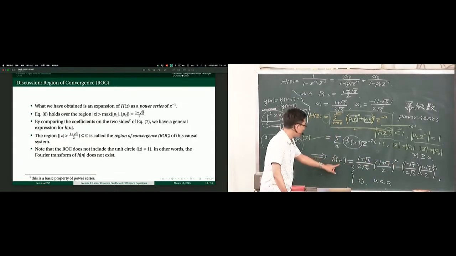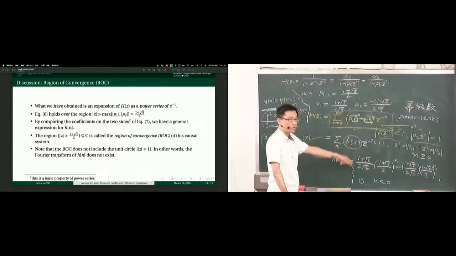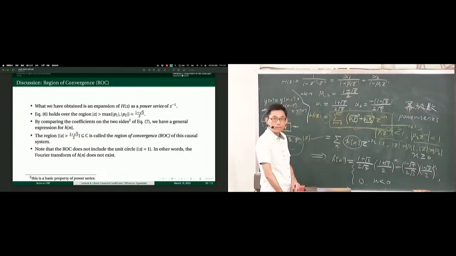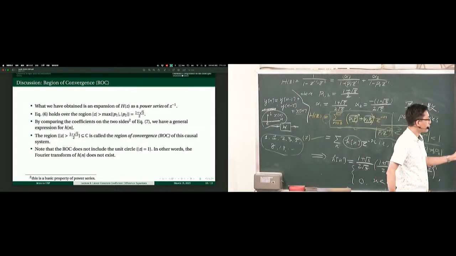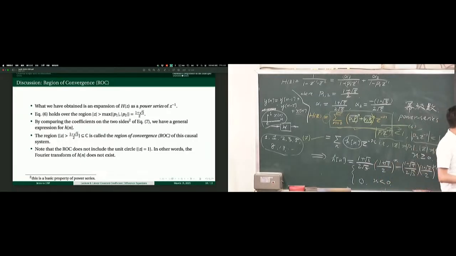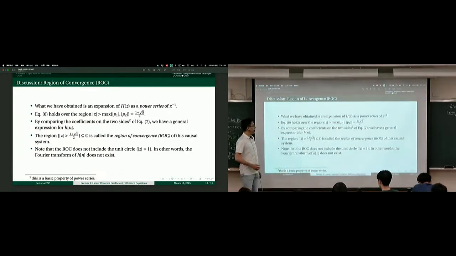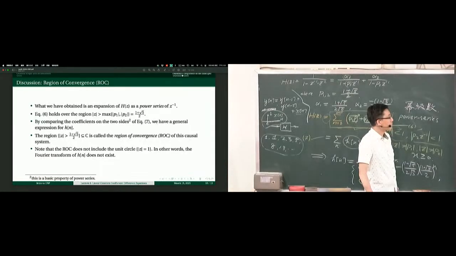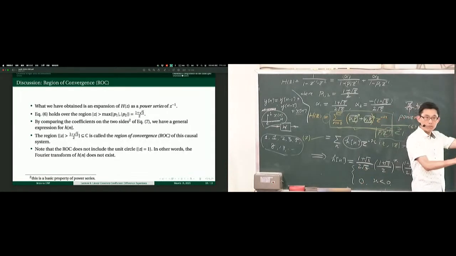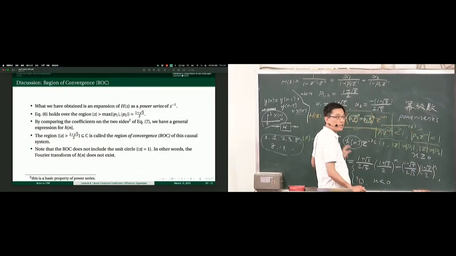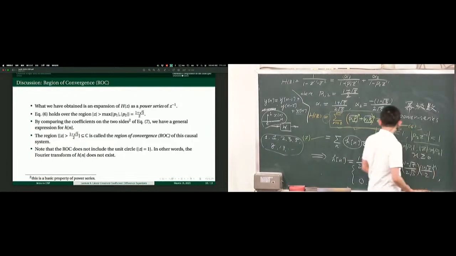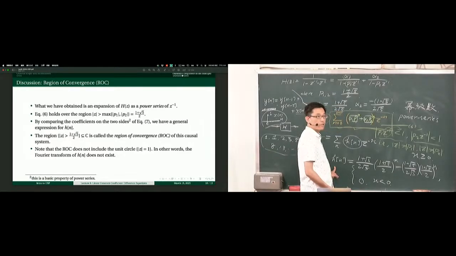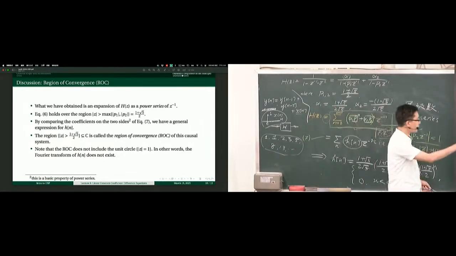All the coefficients should be equal. That's a subtle point that we also need to mention: we are comparing the coefficients on the two sides of equation 7, and each pair should be the same since we know the equality holds. Then we get a general expression of h of n.